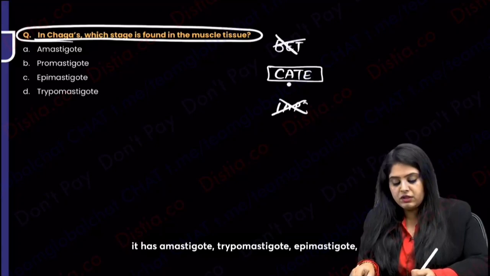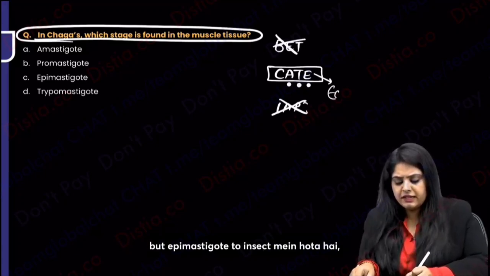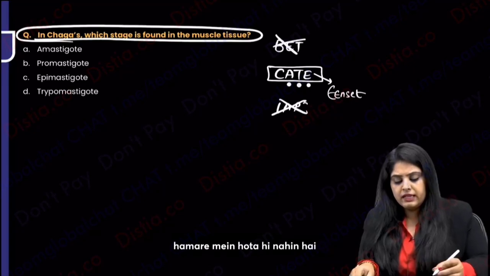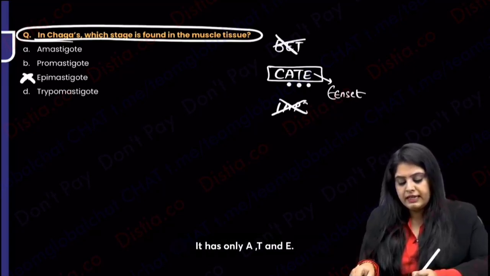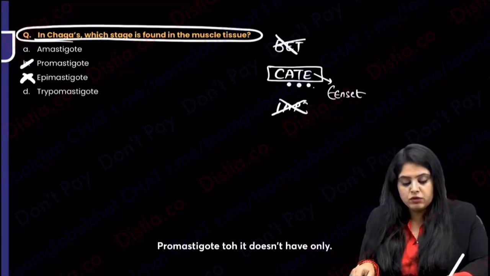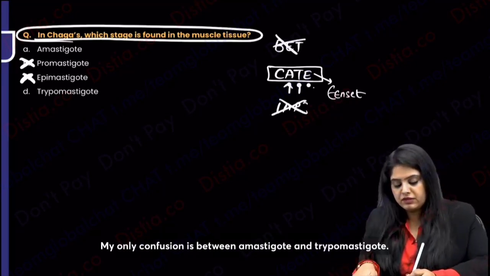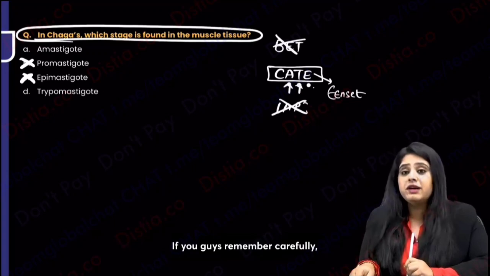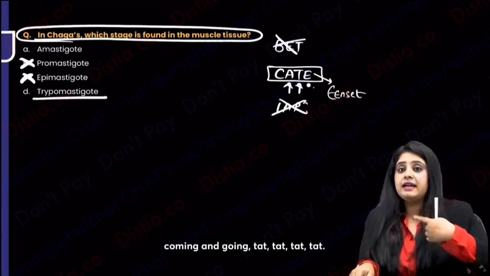It has amastigote, trypomastigote, epimastigote. But epimastigote is in the insect, it is not in us. So epimastigote is gone. Now my epimastigote is gone. It has only ATNE. Promastigote, so it doesn't have only. So these two options are gone. My only confusion is between amastigote and trypomastigote. If you guys remember carefully, trypomastigote was the form that was coming and going, tet, tat, tet, tat.